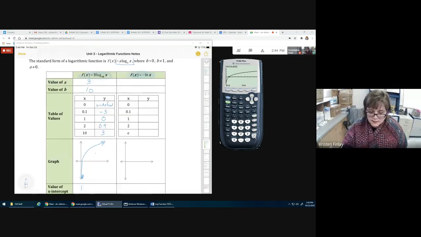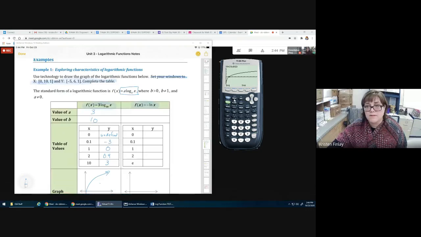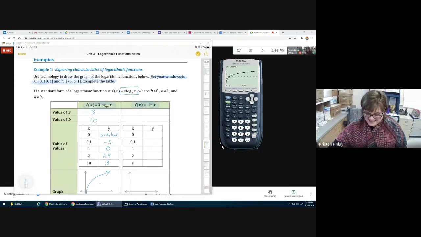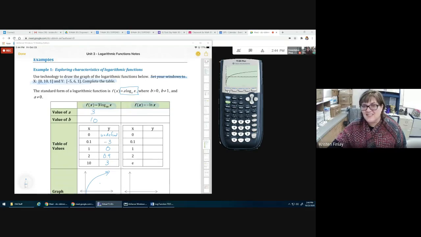Now let's look at the graph of the natural log, the negative natural log. Come in here, clear this out, negative ln x. And we're going to graph that.